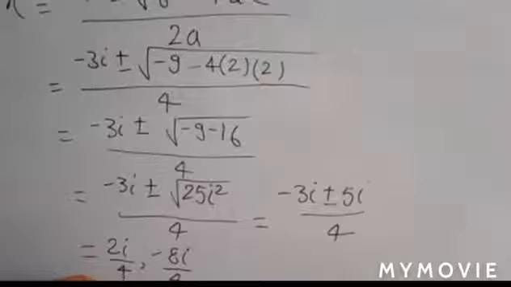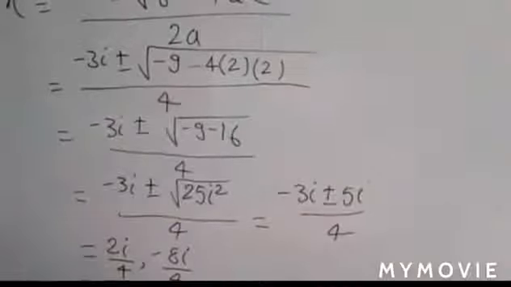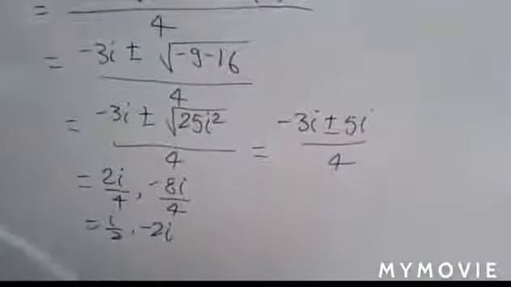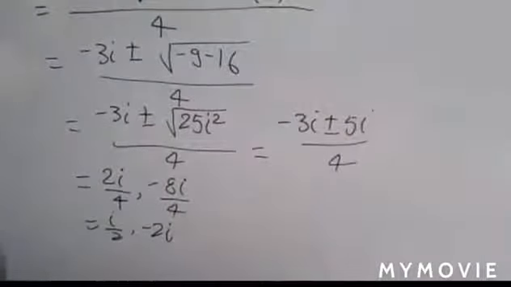Here you have i by 2, and here you have minus 2i. So i by 2 and minus 2i are your solutions. In the same way, just try to solve the next question.